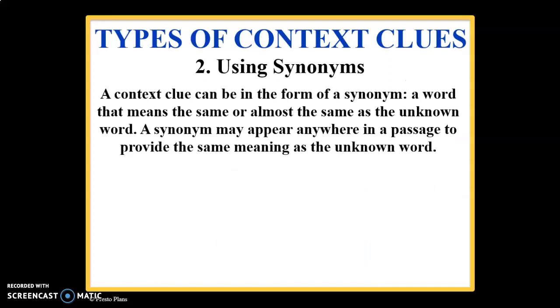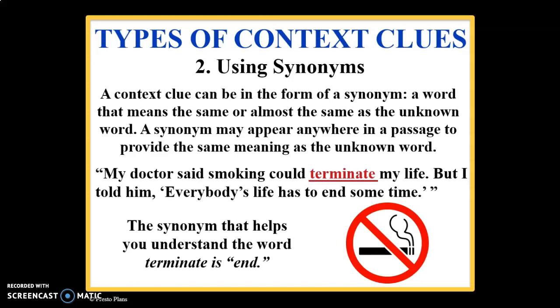And when you're using a synonym, you're including one of those other words in our book or on the online definitions to explain what the word means. So like in this example, the way I would write this would be, again, my doctor said smoking could terminate or end my life.